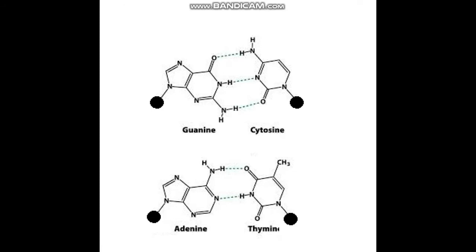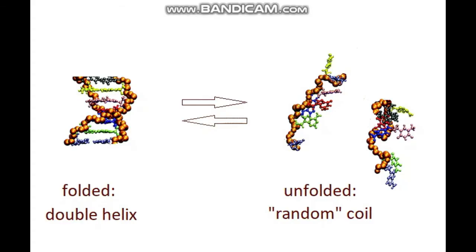And indeed, you will read in lots of books a statement that simply says that the double helix is held together by this hydrogen bonding. But when you stop and think about it, that's clearly, at best, an oversimplification. So we need to explore this in a bit more detail. So remember that our approach to this is to recognize that there is an equilibrium between the double helical structure, which we've been looking at, but also the potentially unfolded state.